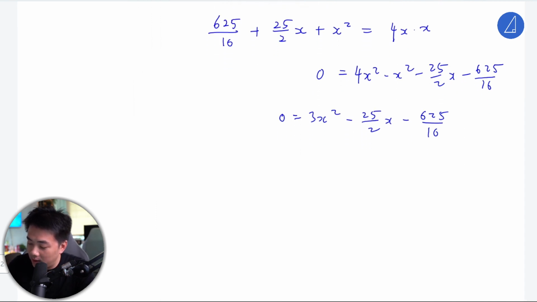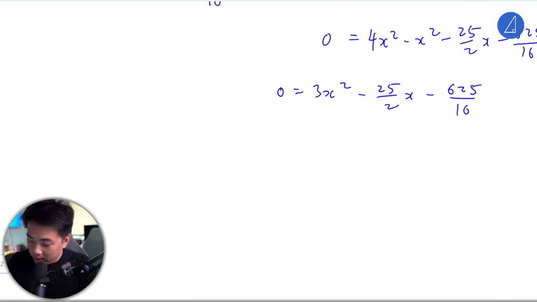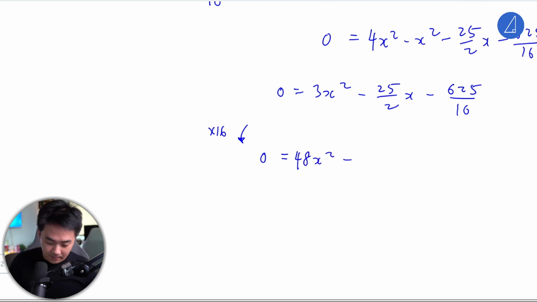We have got 25 over 4 and negative 25 over 12. So we could just quickly multiply by 16. You can't use a calculator technically in the exam, so you just need to show how to do this.